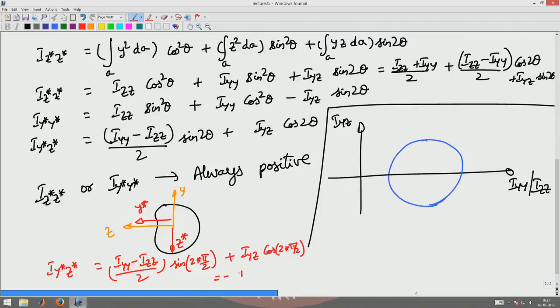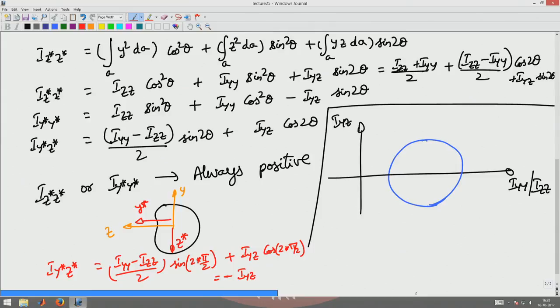Because sin pi is 0 and cos pi is minus 1, this is minus I y z. So, if I y z is positive, I y star z star will be negative. If I y z is negative, I y star z star will be positive. So, there is a flip in sign for a 90 degree rotation of the coordinate system.